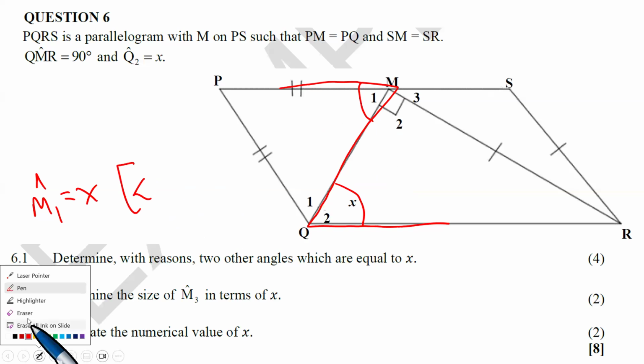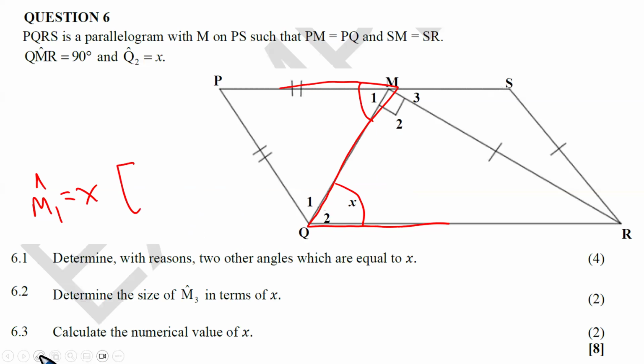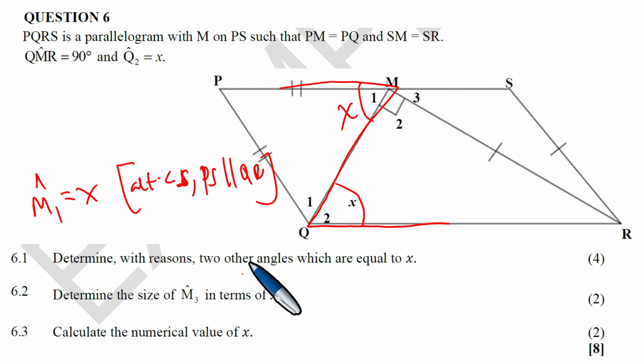Because of the alternate angles, PS parallel to QR. So M1 is X. What other angle is equal to X?